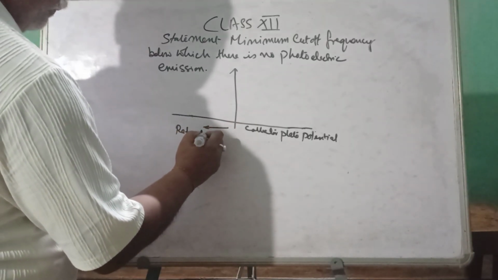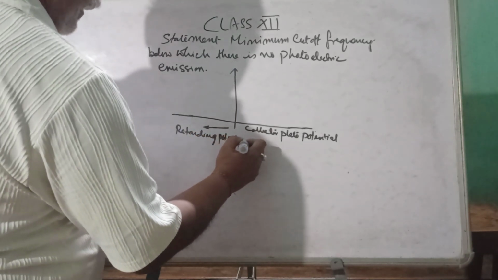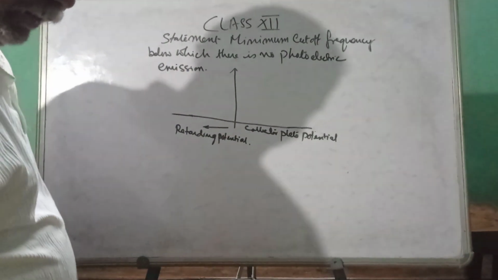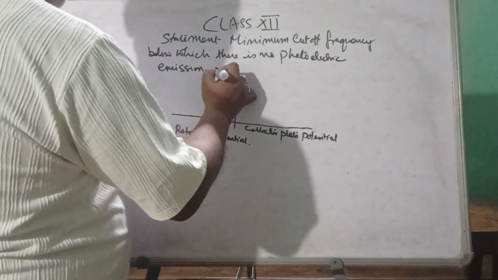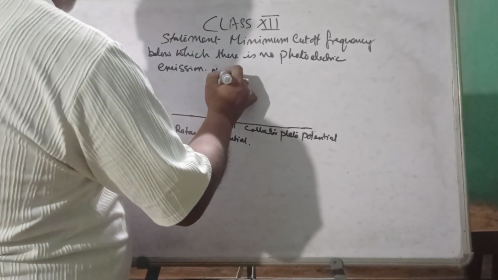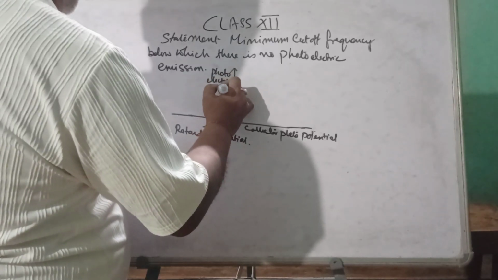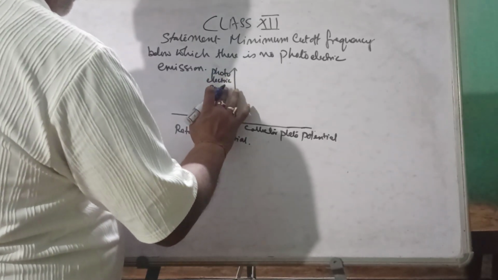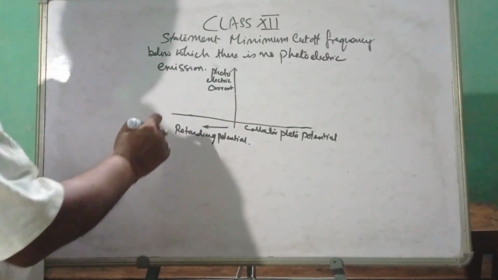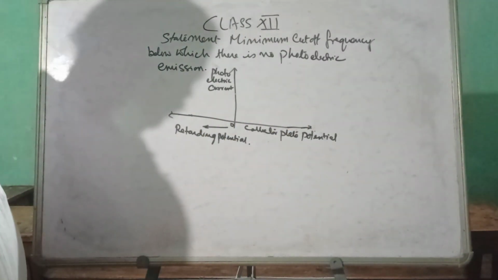And this is the photoelectric current. On the y-axis is the photoelectric current, this is your origin, and along the x-axis in the positive direction is the collector plate potential.